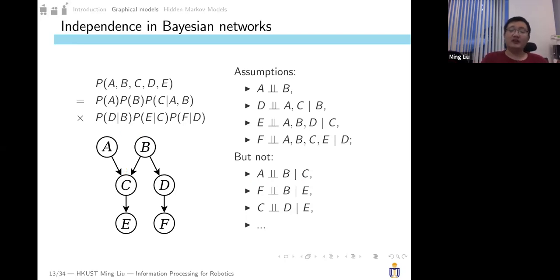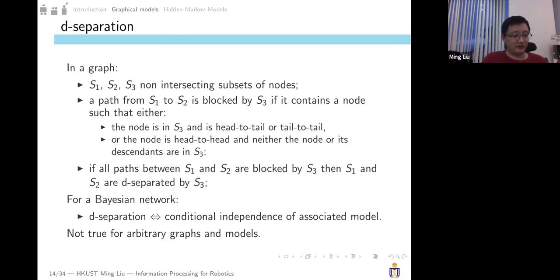So that's some of the little bit more complex cases. And that leads to the concept called d-separation. What d-separation tells is the conditional independence of an associated model.